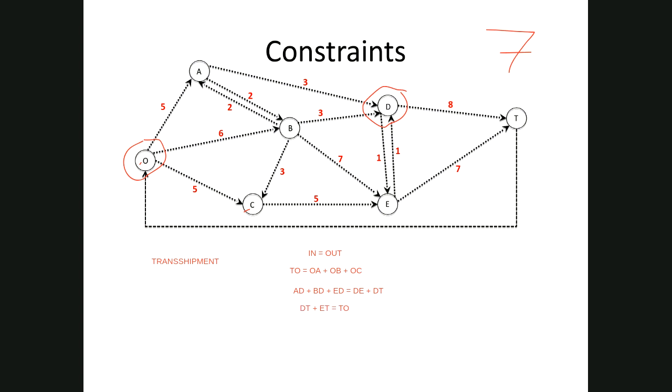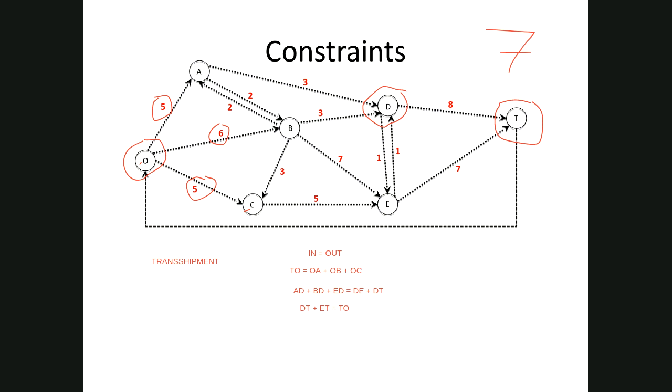Now there's another set of constraints that we haven't talked about with this problem. If you've been paying close attention, we haven't yet used these numbers. We didn't use them in our objective function.